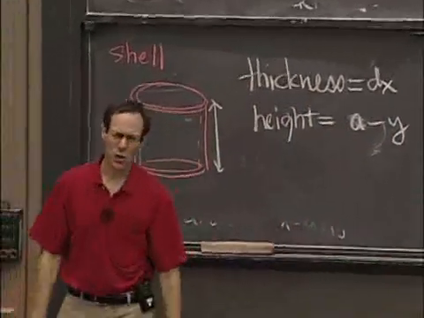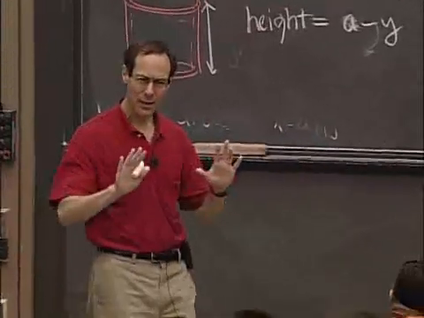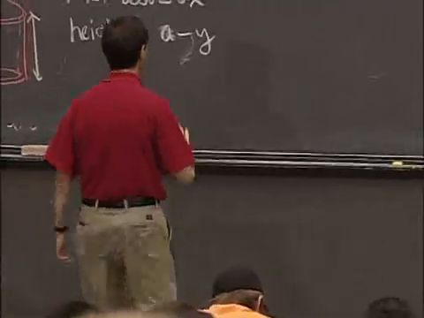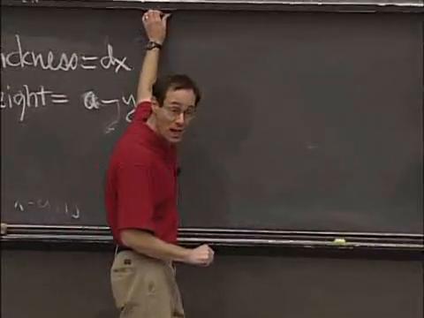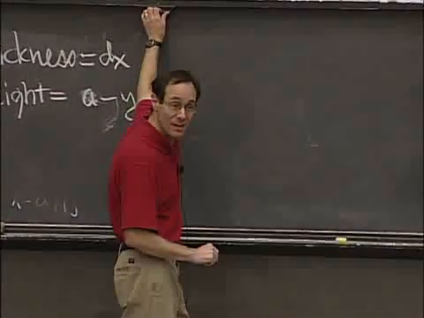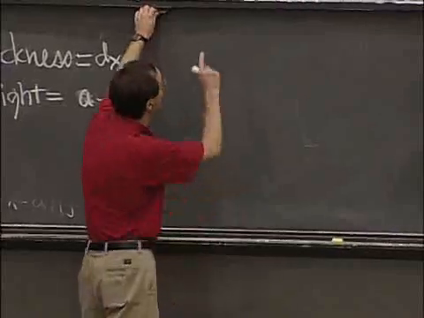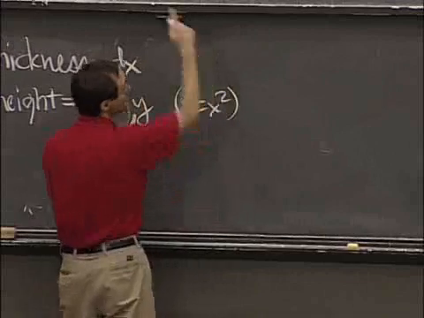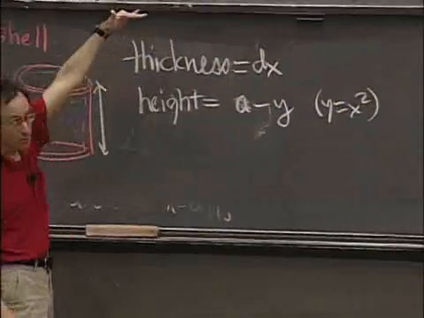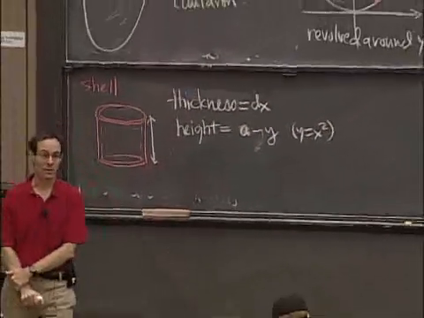Now again, this is an incredibly risky thing here, and I've done this before. I pointed this out on the very first day of lecture. The letter y represents a lot of different things. And in disguise, when I call this y, I mean y is equal to x squared. In other words, the interesting curve. I don't mean y equals a, which is the other part.